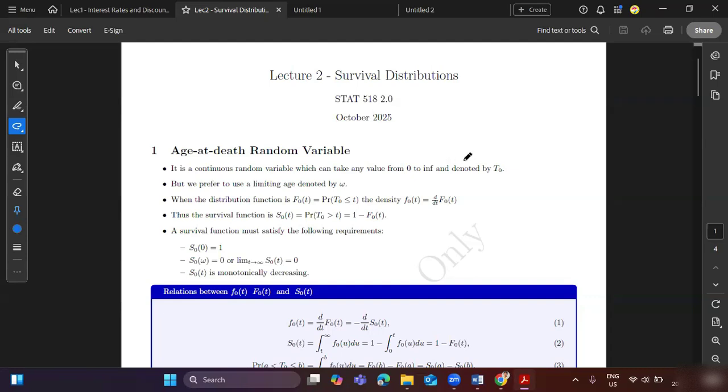So based on previous cohort studies, we need to find a distributional function and find the probability of death for that customer and decide a suitable premium for that policy, which has a predefined benefit for that customer. So this age-to-death random variable is the most important measurement to discuss in this matter.